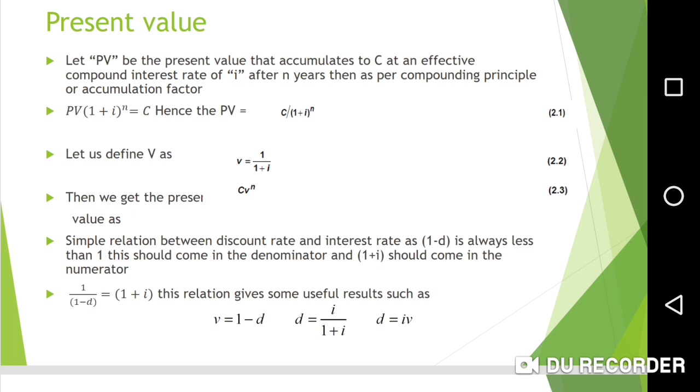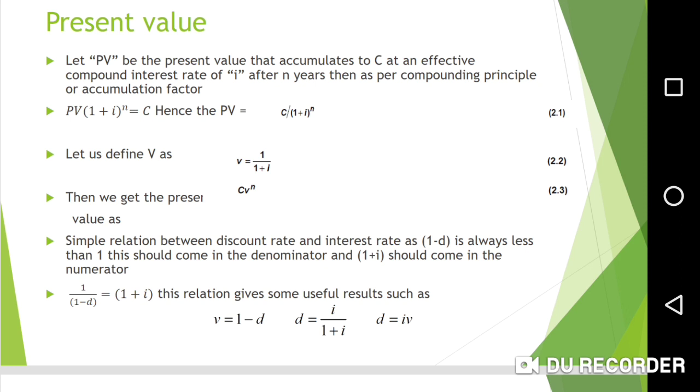We get 80 rupees by using 100 into (1 minus 20%), or 0.2, which becomes 80 rupees.